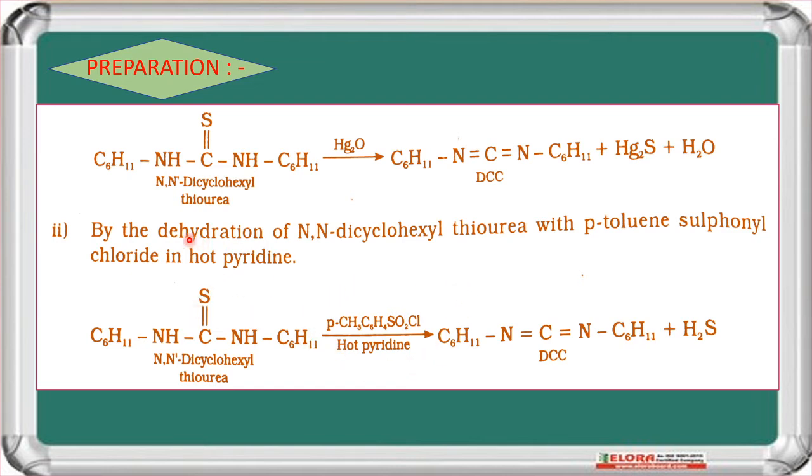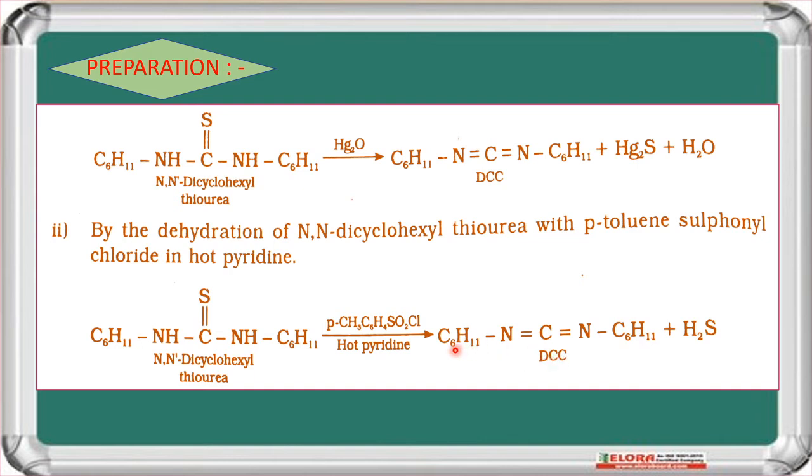So here is the dehydration of N,N-dicyclohexyl thiourea. The reactant or substrate is the same, but the reagent changes in this reaction, and the same product, DCC, is formed. Here C6H11-NH-C(=S)-NH-C6H11 gives the DCC product.